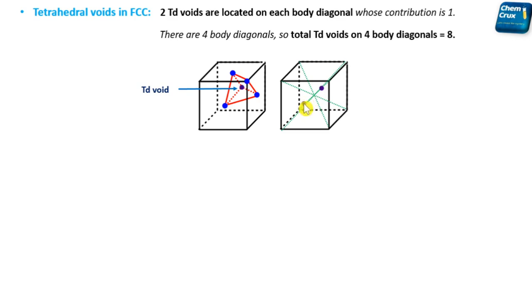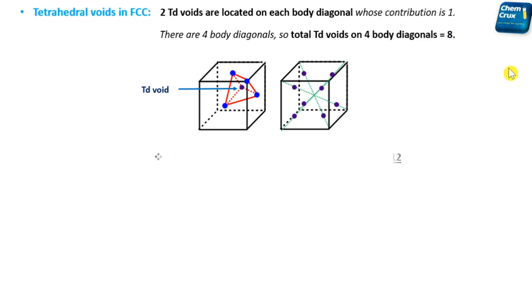So in a similar manner, in the remaining body diagonals there will be 2 tetrahedral voids each. So in the 4 body diagonals there will be in total 8 tetrahedral voids, which are not shared by any other unit cell. Thus its contribution will be 1. So in total there will be 8 tetrahedral voids in FCC.